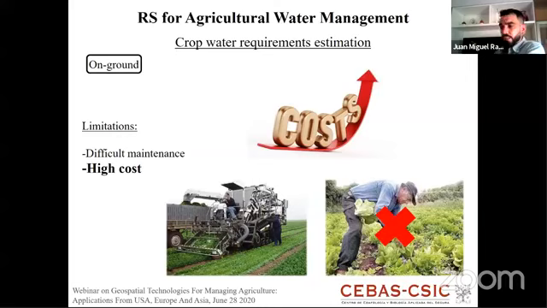Another disadvantage is the cost, which can reach even tens of thousands of euros, which means only large producers or companies can use these ground measurements, not being within reach of small or medium farmers.